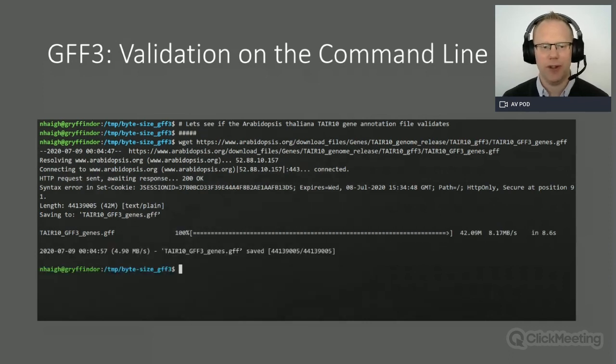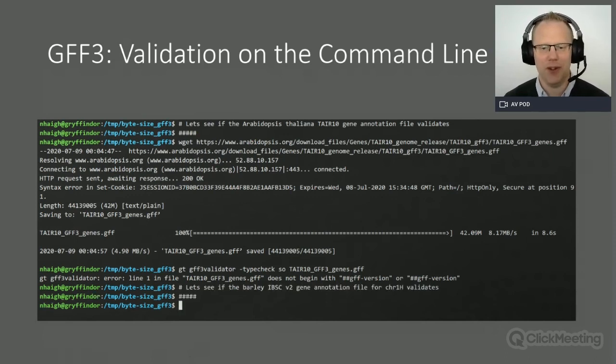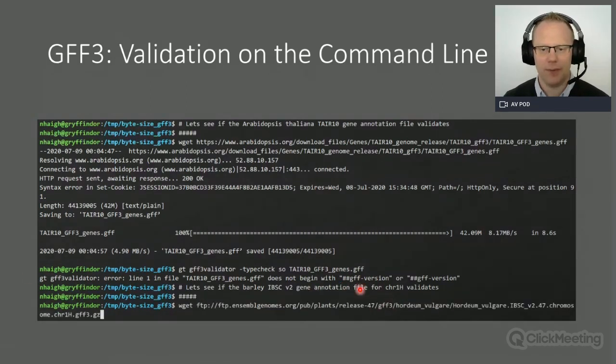So we're just downloading this file now, and we'll run the GFF3 validator and do a type check on that third column for the sequence ontology. And the first thing it comes back with is that it doesn't have this GFF3 pragma here, so it doesn't validate.